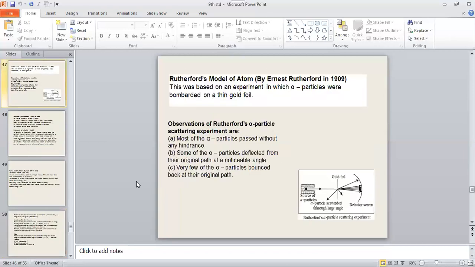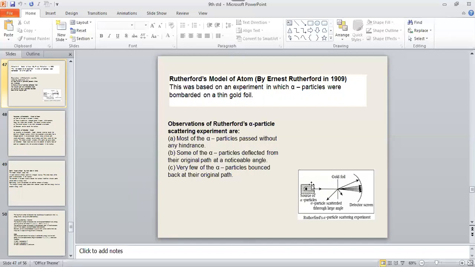The next scientist who tried to explain the structure of the atom was Rutherford. This is called Rutherford's atomic model. This model is based on the alpha particle bombardment experiment. Alpha particles were bombarded on a thin gold foil.